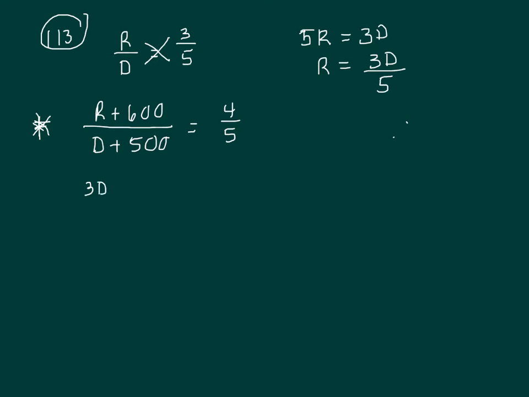So (3D over 5 plus 600) over (D plus 500) equals 4/5. And see, the nice thing now, I can solve this equation. It's an equation for D, and I'll know the original number of Democrats.